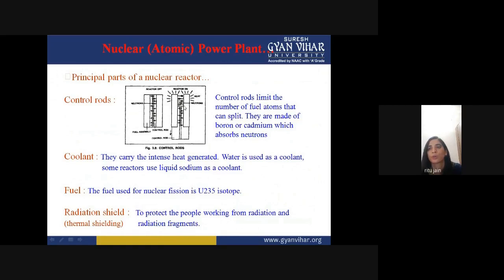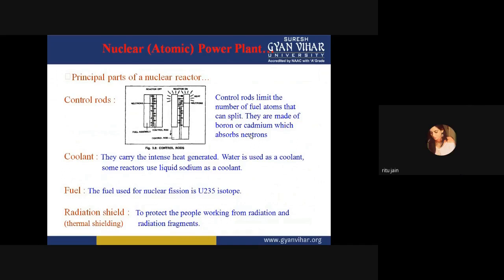So control rods limit the number of fuel atoms that can split. They are made of boron and cadmium, which absorb neutrons. Okay. So control rods are absorbing neutrons, but the moderator is not absorbing neutrons. It is slowing down the reaction.